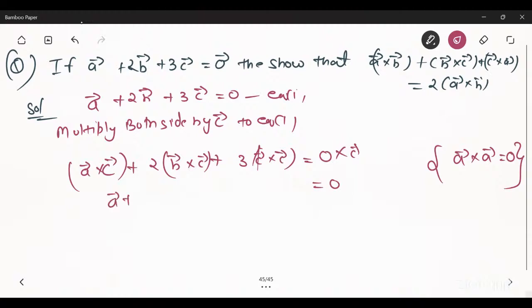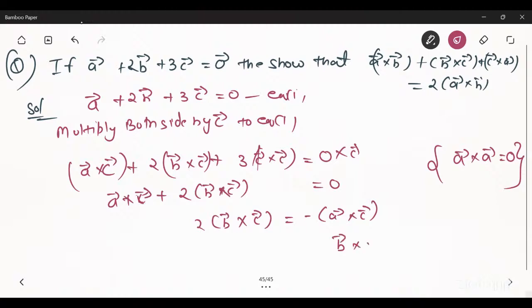So A vector cross C vector plus 2 times B vector cross C vector is equal to 0. So 2 times B vector cross C vector is equal to minus of A cross C vector.